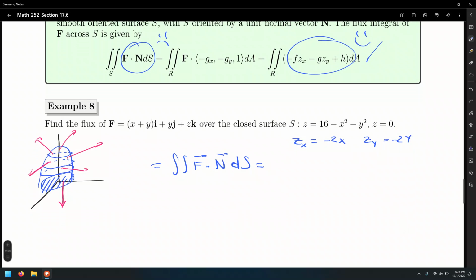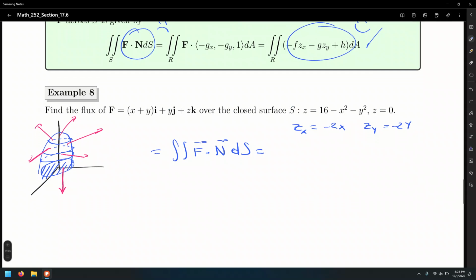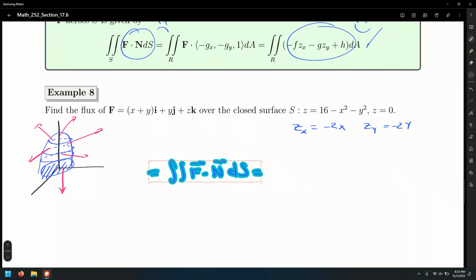So that's going to be, okay. Oh, careful, because in this case we need to redefine our vector field. We can make some space over here. In this case, what do we have? x plus y, that's fine. Plus y, that's fine.